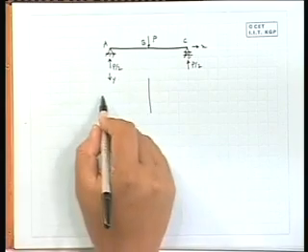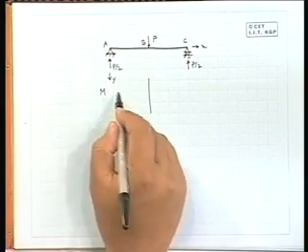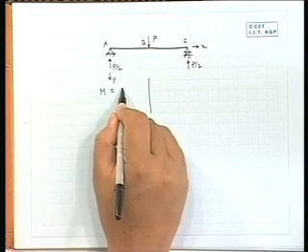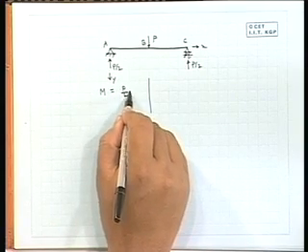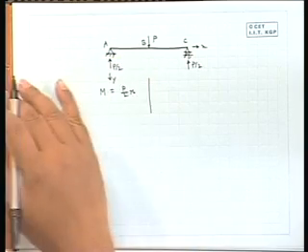So, these two parts we have tried to express in this manner. For M, we have written P by 2 into x for the left part.